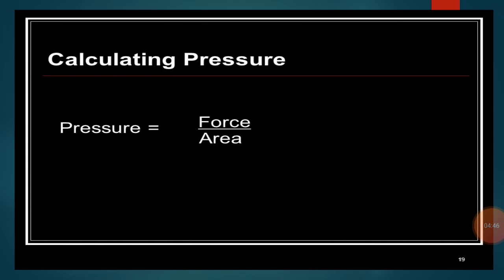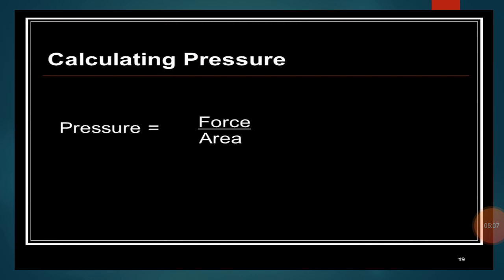Now the SI unit for measuring force is Newton. I have already told you in the previous part that the SI unit for measuring force is Newton, denoted by capital N, and the SI unit for measuring area is meter square.